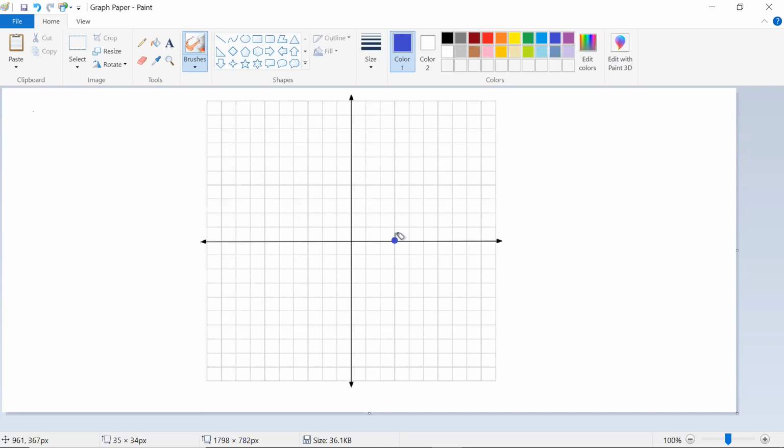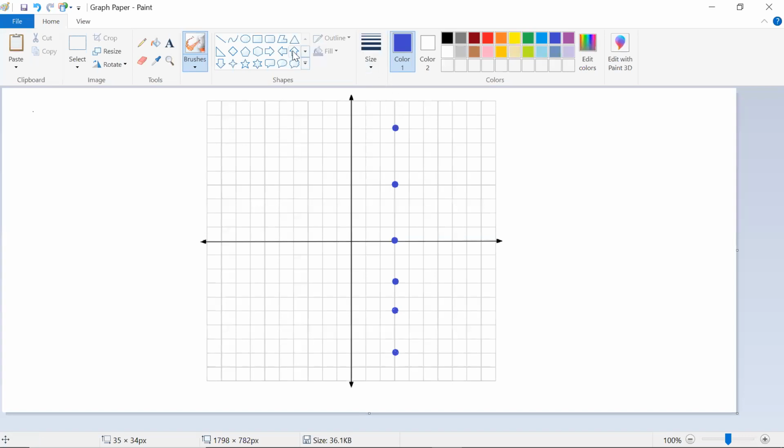There's 3, 0. Here's 3, 4. Here's 3, negative 3. Here's 3, negative 5. Right, 3, negative 8. Any points whose x value is 3.